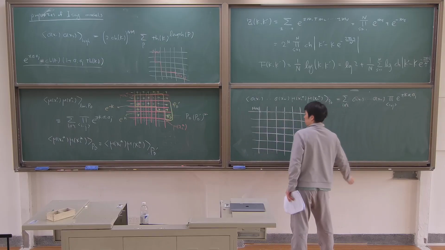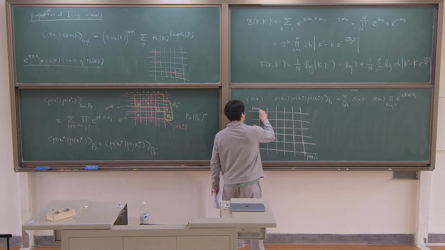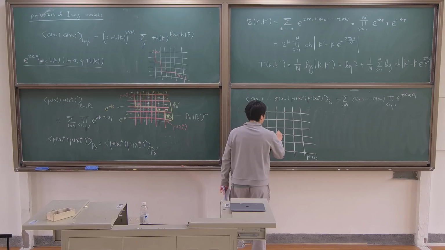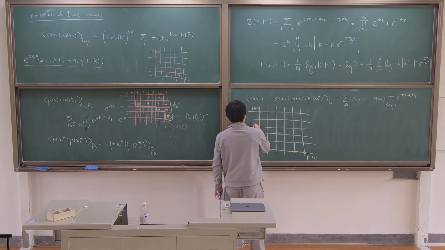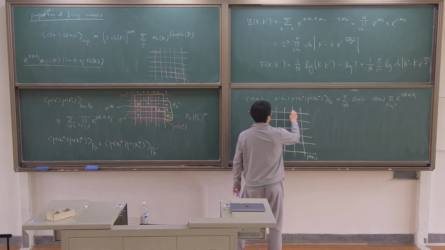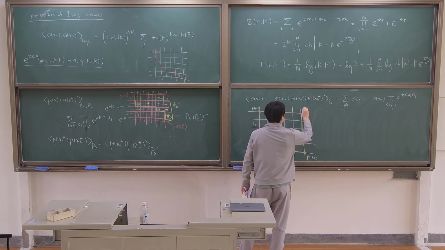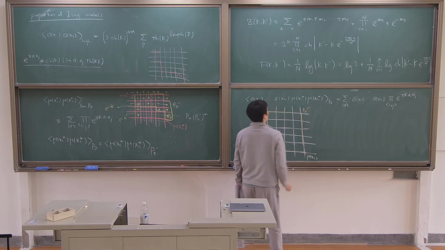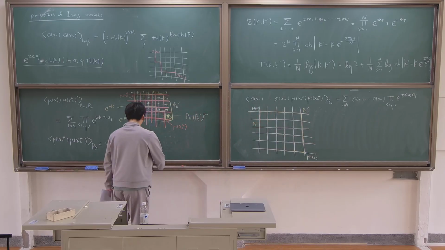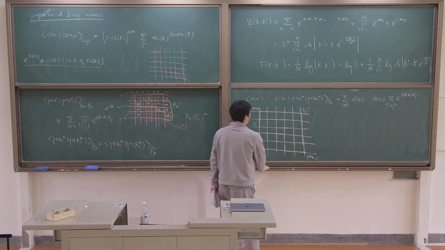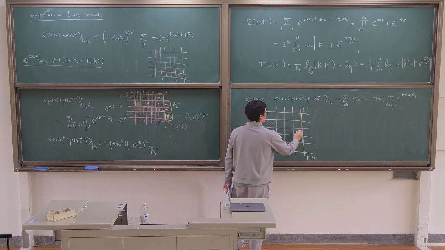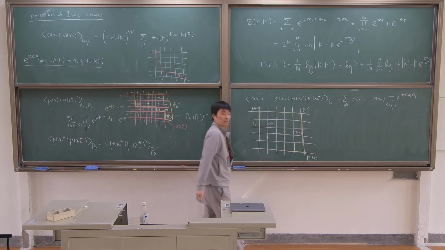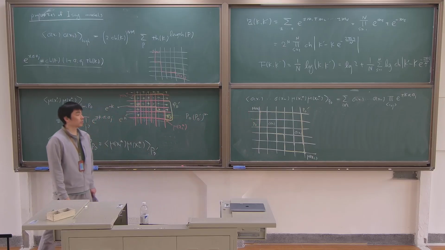And suppose PD is something like this. This is the PD, and this is PD prime. And then you have something like sigma x1 here, sigma x2 here, and so on.